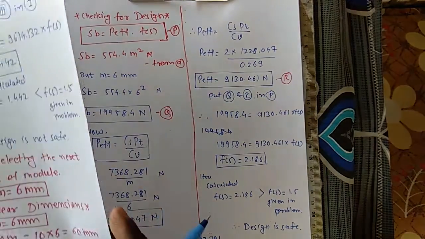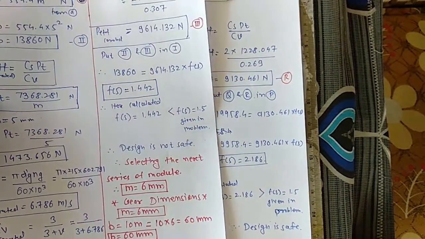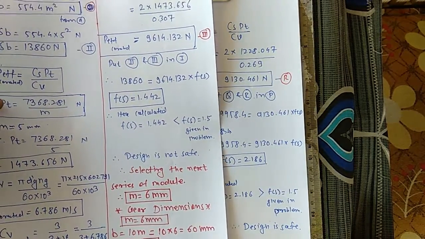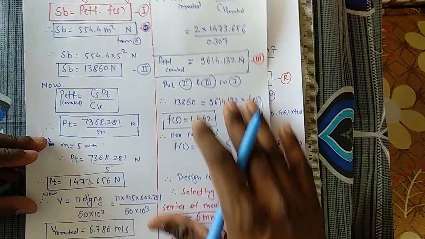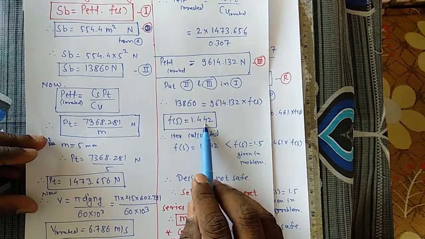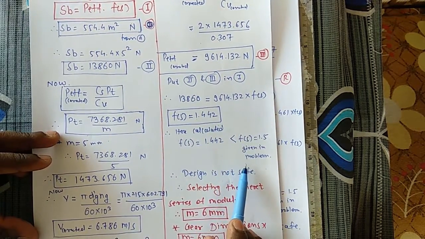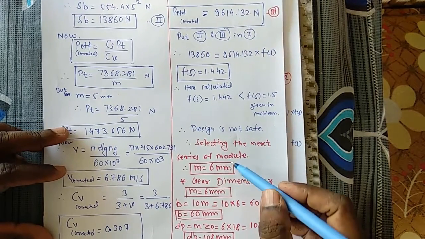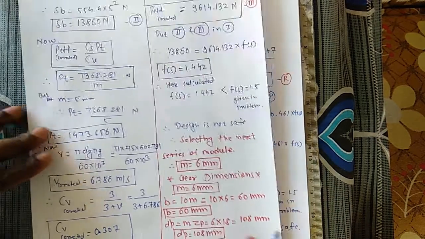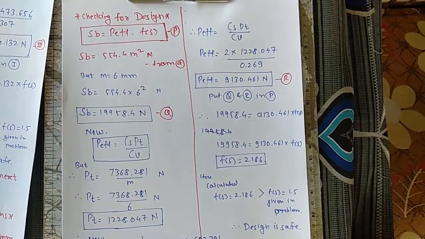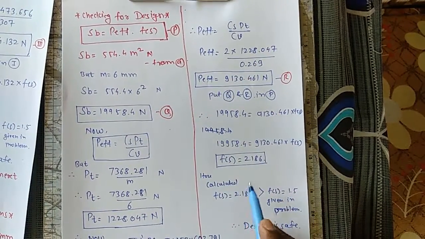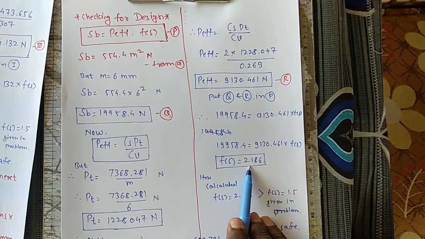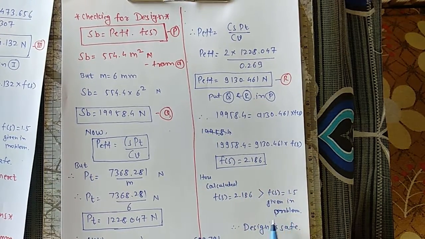So what we have seen here is that whenever the design is not safe in the first stage, as the factor of safety was less than the given factor of safety in the problem, we went for the next series of module. We calculated the dimensions again, and again we checked the design, and we came to know that the design is safe because the calculated factor of safety is greater than the factor of safety given in the problem.